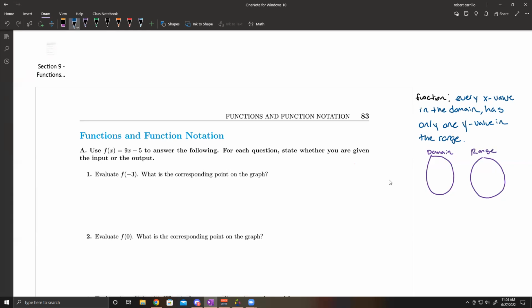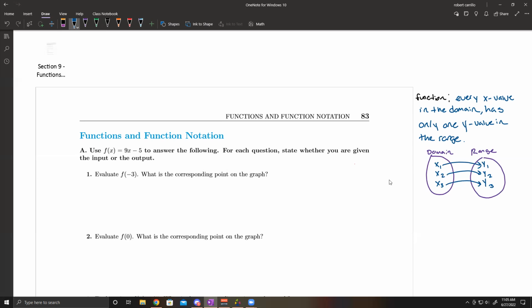Let's say in my domain, I have x value 1, x value 2, x value 3, and in my range, y value 1, y value 2, y value 3. In order to be a function, every x must have one y value in the range. That is the basic definition of a function.